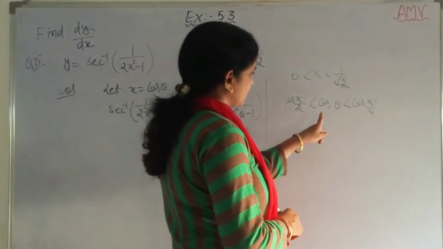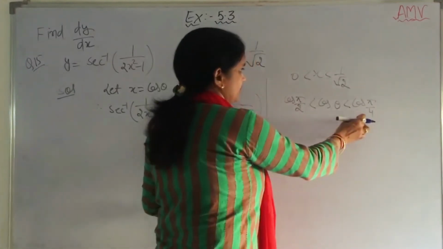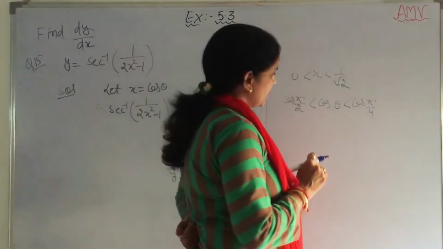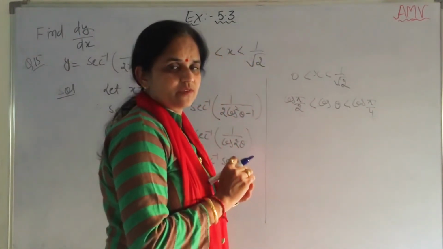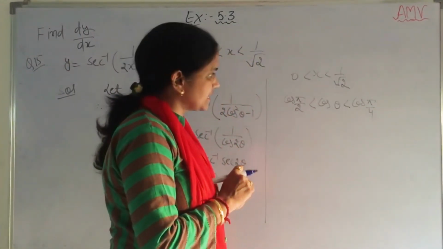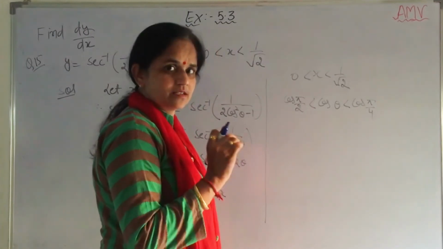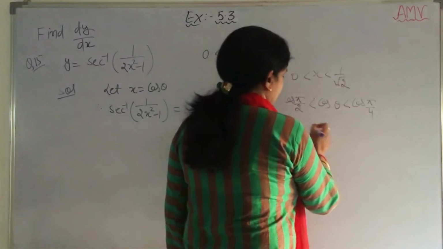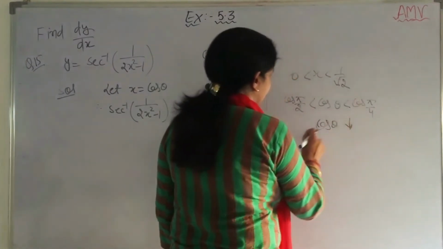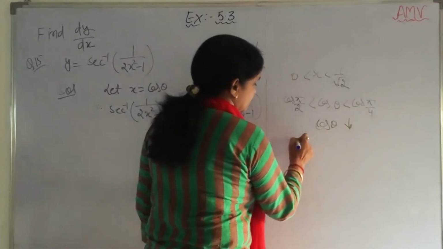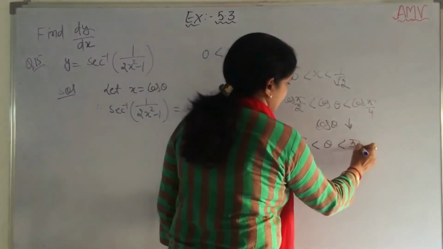Now students, cos theta is a decreasing function in the interval pi by 4 to pi by 2. Okay. Since you know that the cos pi by 4 value is 1 by root 2, cos pi by 3 is 1 by 2, and cos pi by 2 is 0. Okay. So here we have to write cos theta is decreasing. Okay. So it is pi by 4 is less than theta is less than pi by 2.